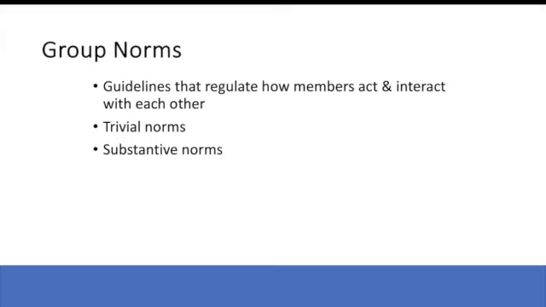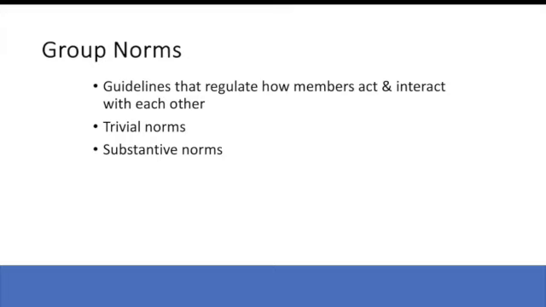But the substantive norms, these are harder to change because they form the backbone of the group's operations. So if you alter those norms around decision-making process or roles within the group, it requires more planning. And if you don't get buy-in from all the group members, it can create disruption or conflict. So you have to be careful about that.